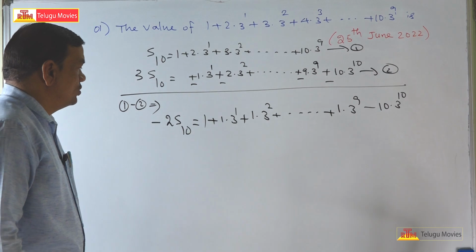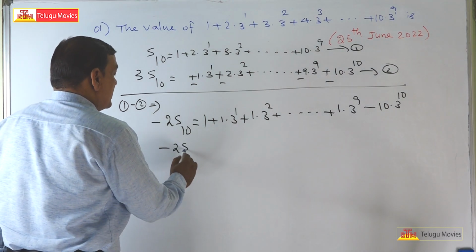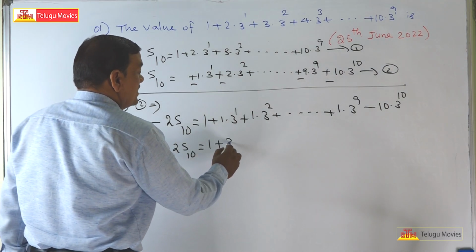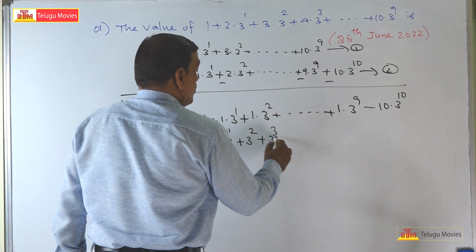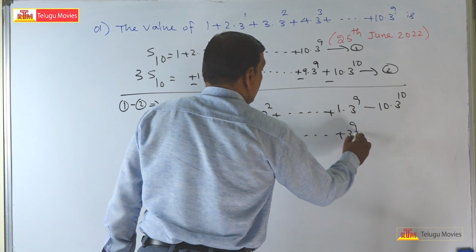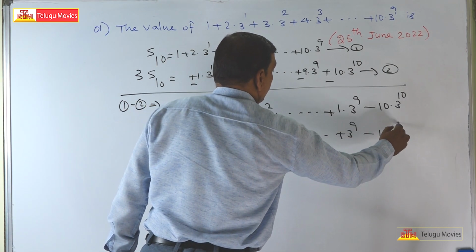So minus 2 times S10 is equal to 1 plus 3 power 1 plus 3 square plus 3 cube plus so on up to 3 power 9, minus 10 into 3 power 10.